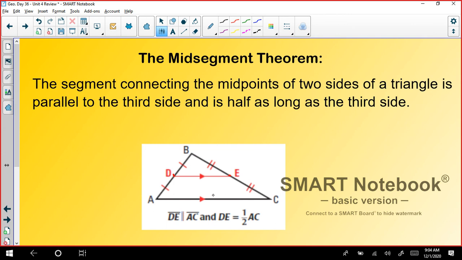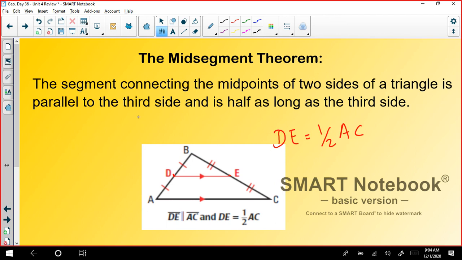That's true by definition of midpoint. Apart from that, the mid segment theorem states that the length of DE will be equal to half of AC. DE equals half of AC.